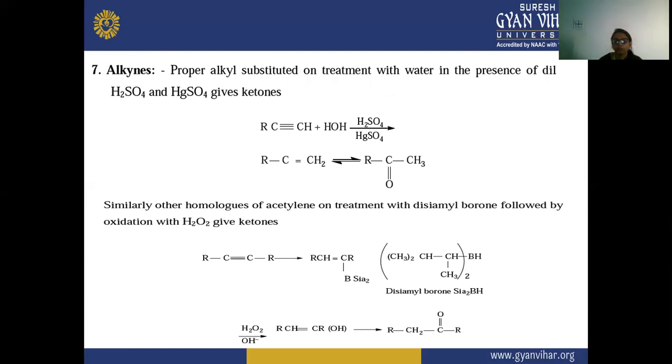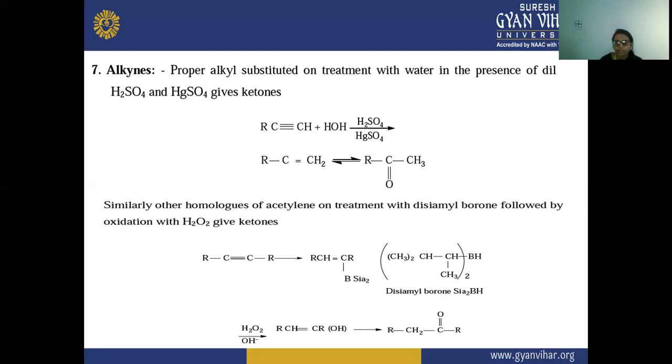Similarly, other homologues of acetylene on treatment with disiamylborane followed by oxidation with H2O2 give ketone. So this homologue of acetylene on treatment with disiamylborane, Sia2BH, followed by oxidation with hydrogen peroxide, gives ketone.